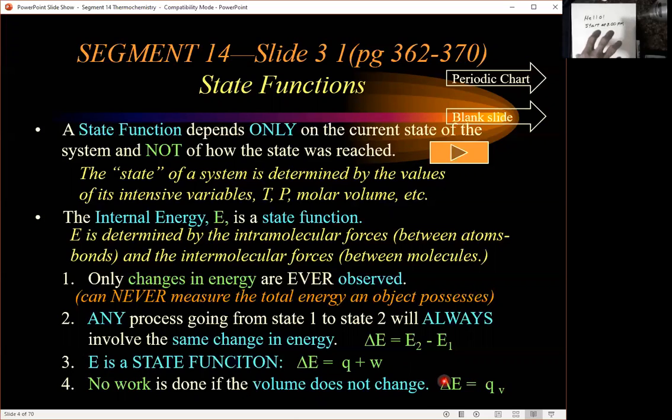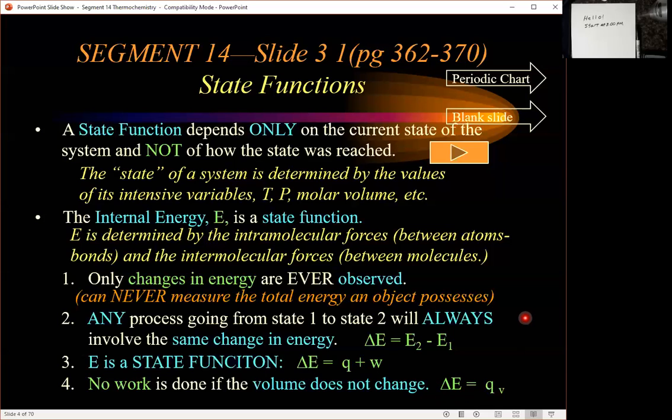So I could go in the back of my book and I could write that number down. And if I wrote that number down, it's never going to change as long as I go from that same set of reactants to that same set of products. If I connect the same two states, it'll always be the number I've measured this one time.